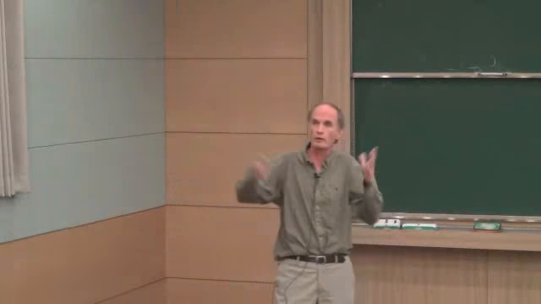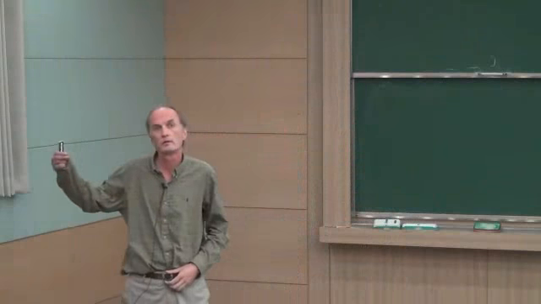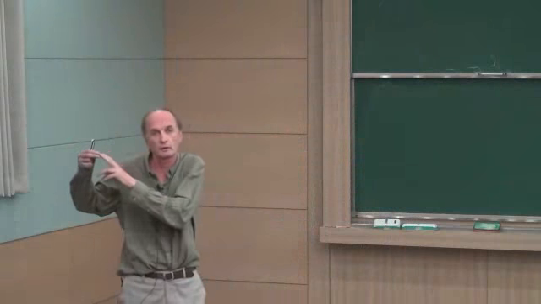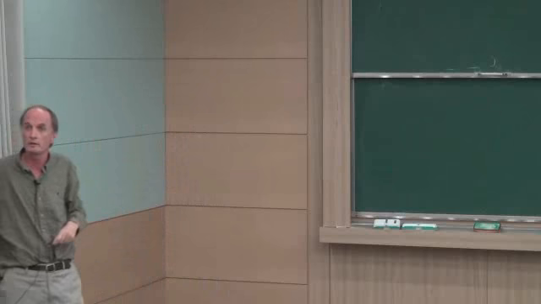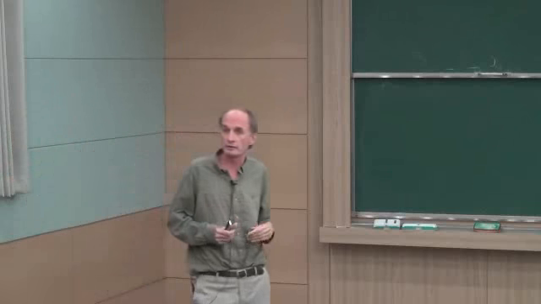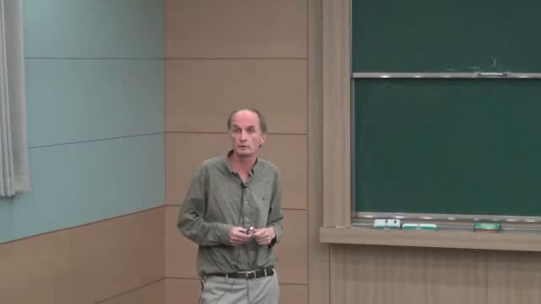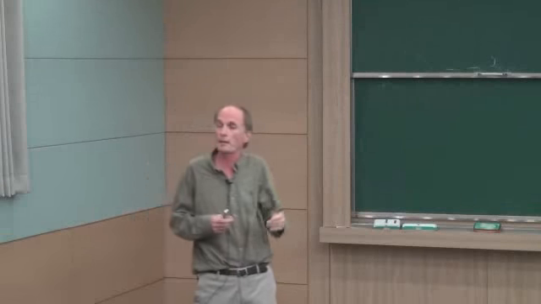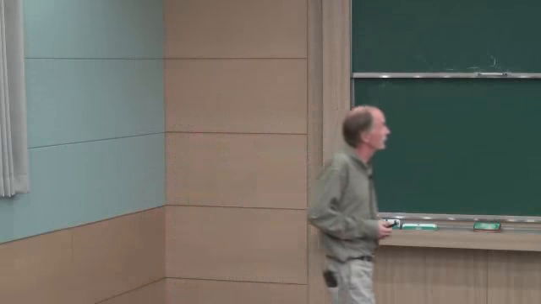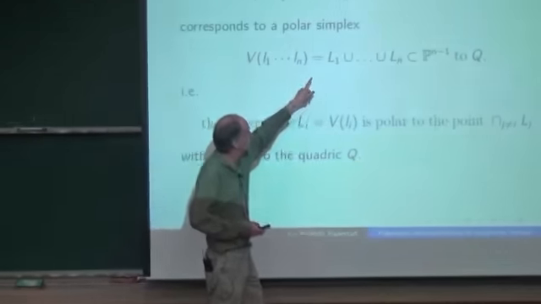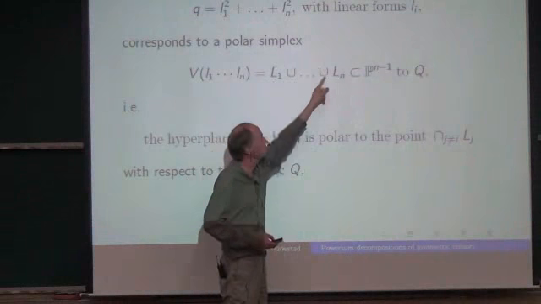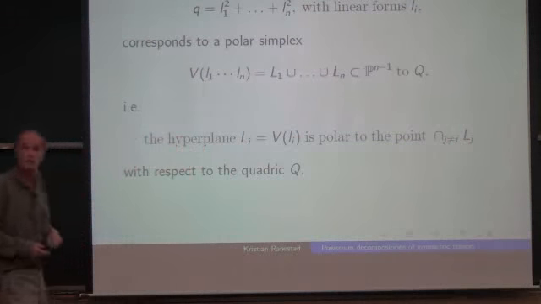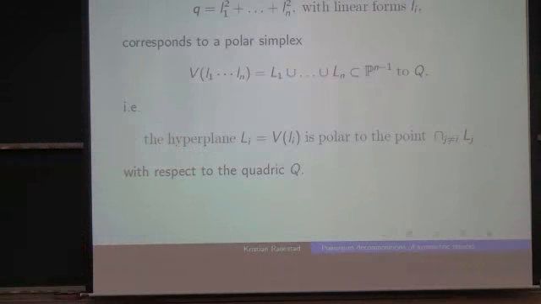When you have a quadric, at any point in the space, looking at the quadric from that point, you see the horizon of the quadric. That is a hyperplane section of the quadric. If you take the first n minus 1 of these hyperplanes and look at their intersection, you get a point. And the last one is then the polar hyperplane to the intersection of the first n minus 1.